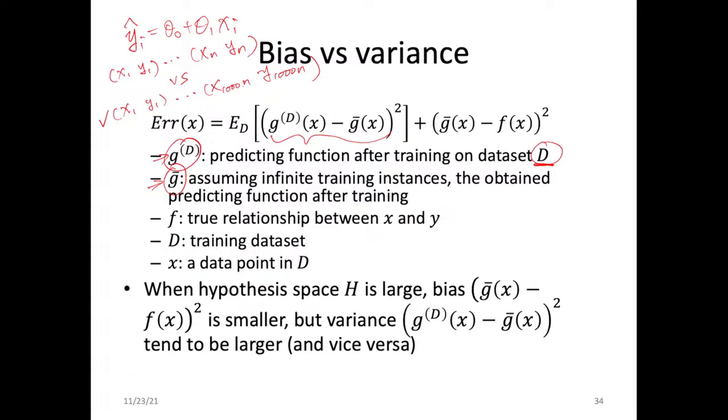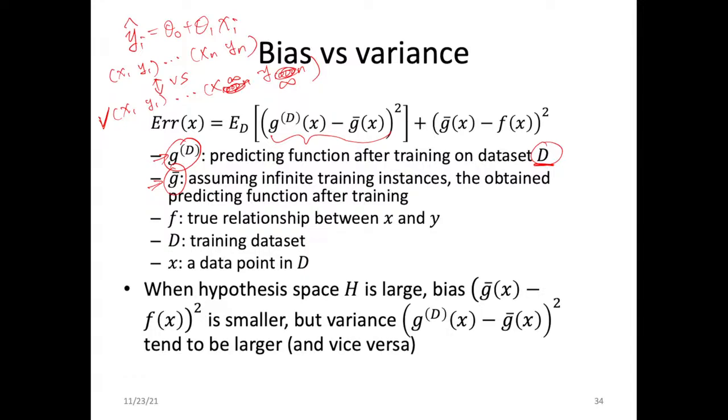And if this n keeps increasing to infinity, then of course it will tend to give you a better result. So the distance between these two is called the variance.